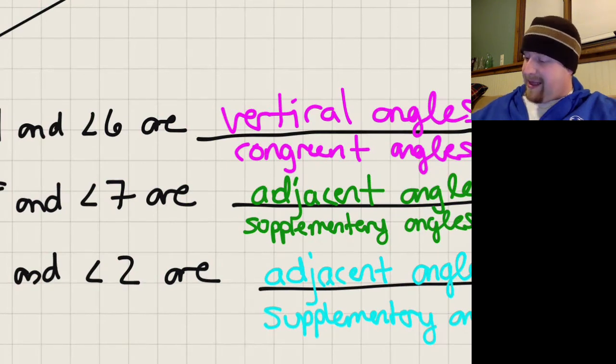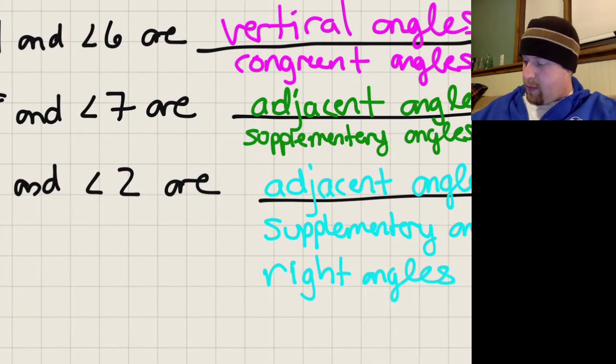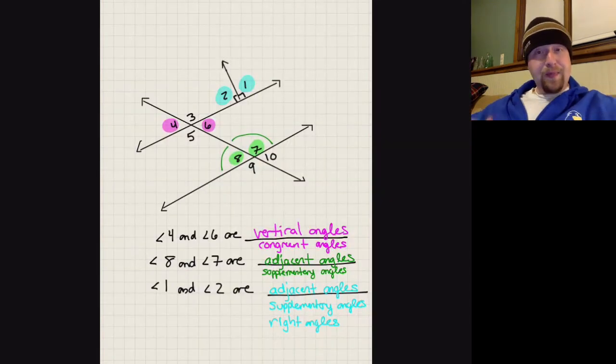And last but not least, they're also right angles because they formed because the two lines, or the ray and the line, were perpendicular.